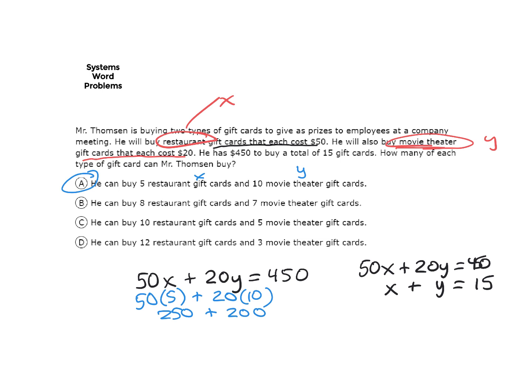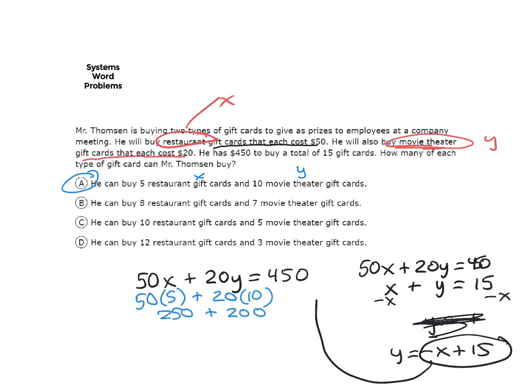So our job now would be that we have to solve using substitution or elimination and go through. So let's just suppose I want to use substitution. I would move my X to the other side. I'd have Y equals negative X plus 15, and I could substitute that in. So my Y gets replaced.